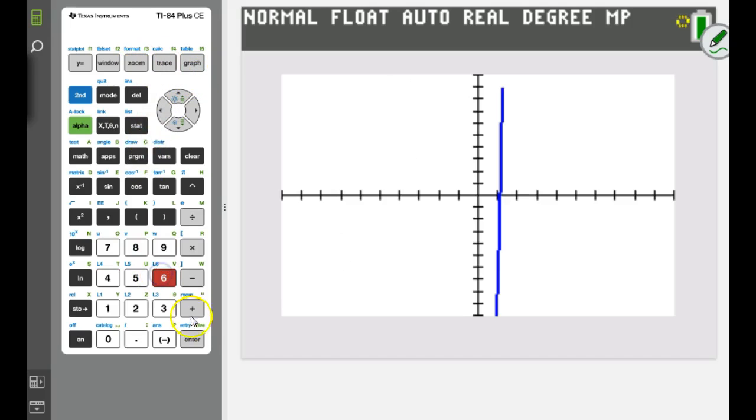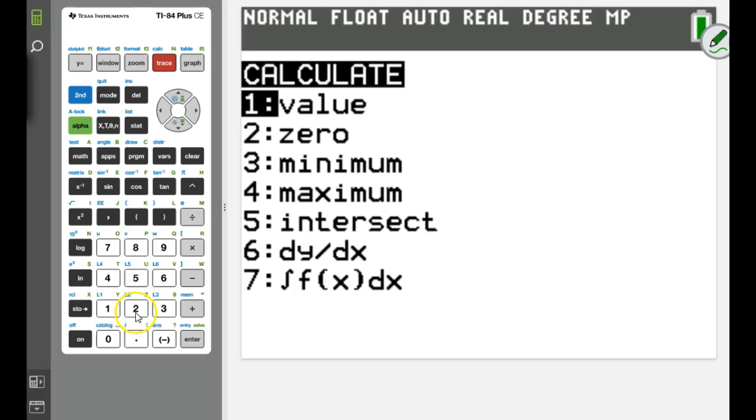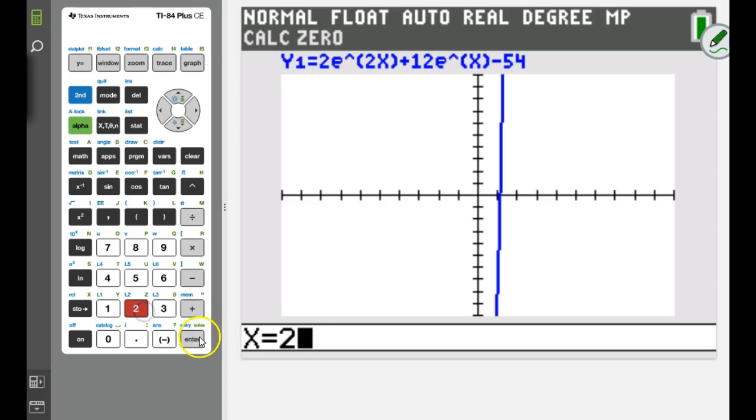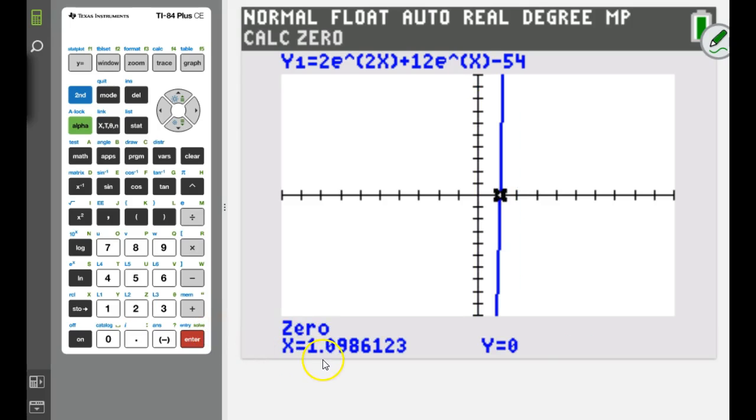So if we graph it, where it equals 0 is here. It only shows 1 in this window. I could try looking at a different window, but we already figured out that it only had 1 zero. And it's somewhere between, we'll say 0 and 2. 1.0986. Is that what we got?